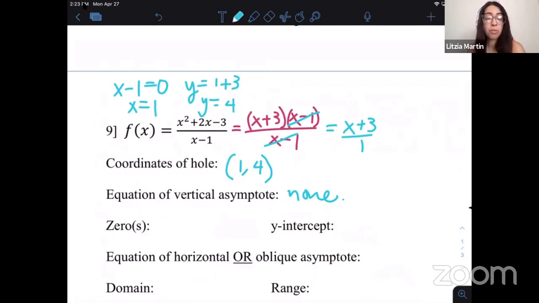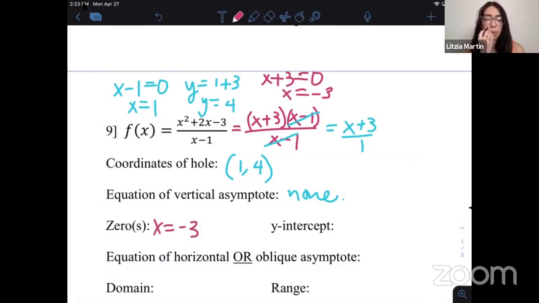There could be zeros, since technically x plus 3 is your numerator. All you have to do is set that equal to 0, which gives us -3. So that line that we're talking about is going to cross the x-axis at x equal to -3.